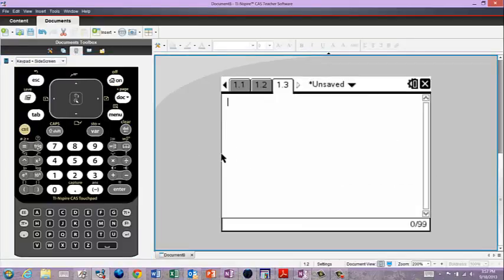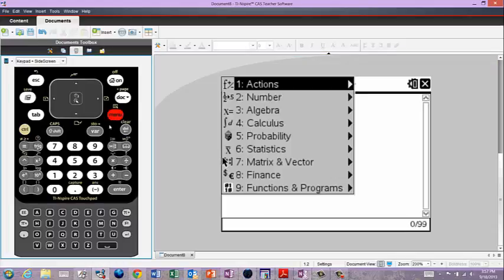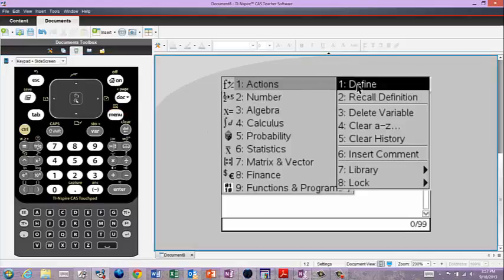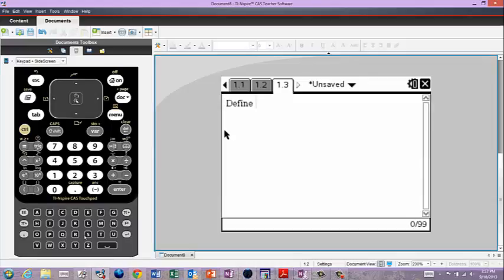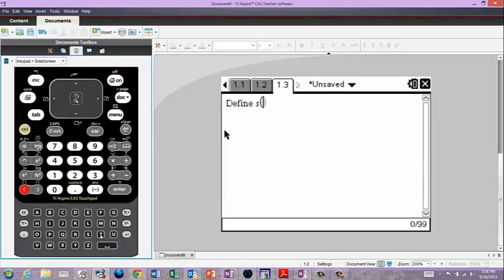Let me show you something neat. If we're going to be using the same formula over and over again, this is the coolest feature of this calculator. Go to Menu, Actions, Define. I'm going to define S of t to be negative 16t squared plus 16t plus 320.